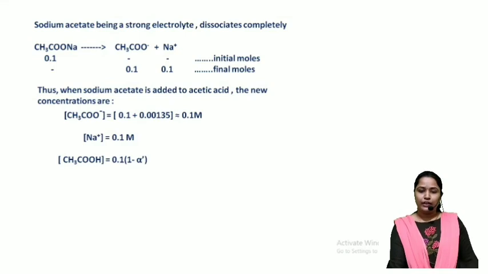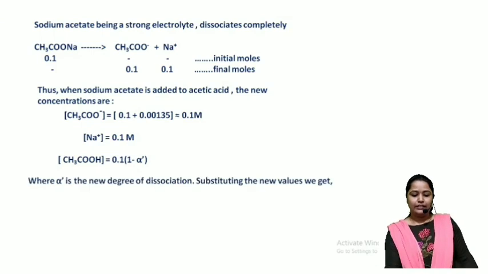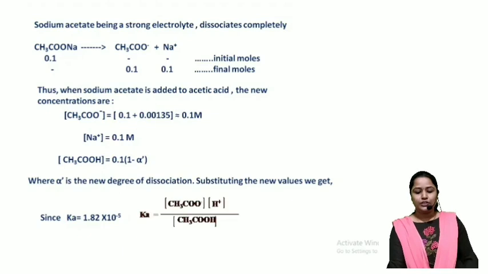Again, here if we apply the law of mass action, we get Ka is equal to the concentration of acetate ion into the concentration of H plus ion divided by the concentration of acetic acid.